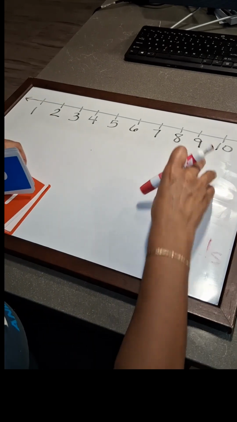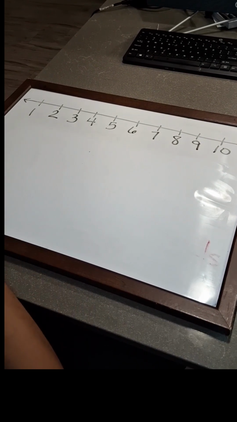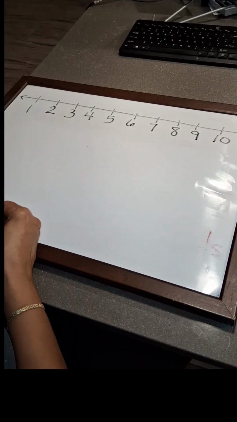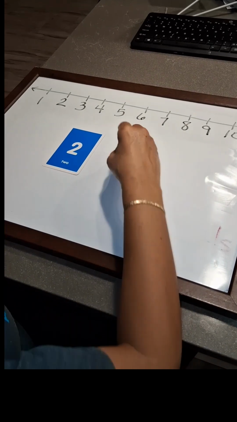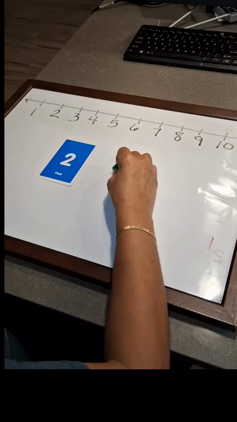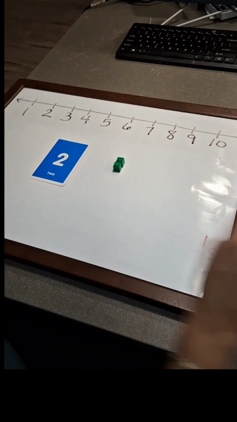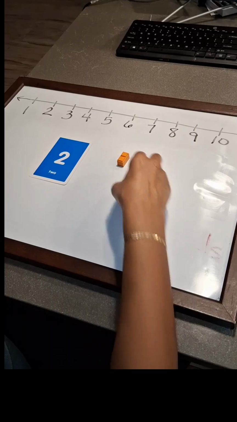Now, before we get into more addition, let's just look at some numbers. Let's look at our numbers. 2. That's what 2 looks like. And we said that when we put 2 together, we have 2.